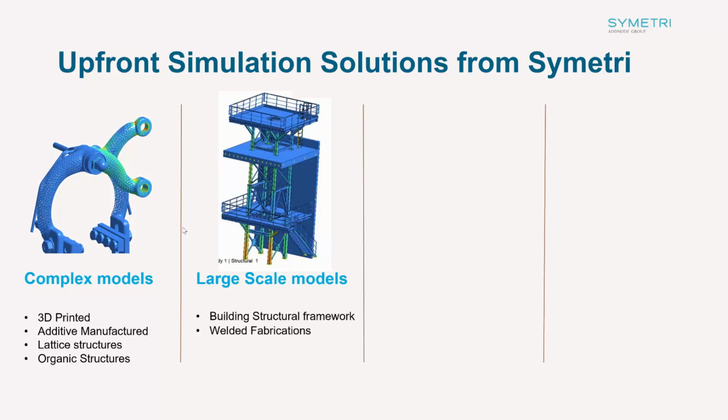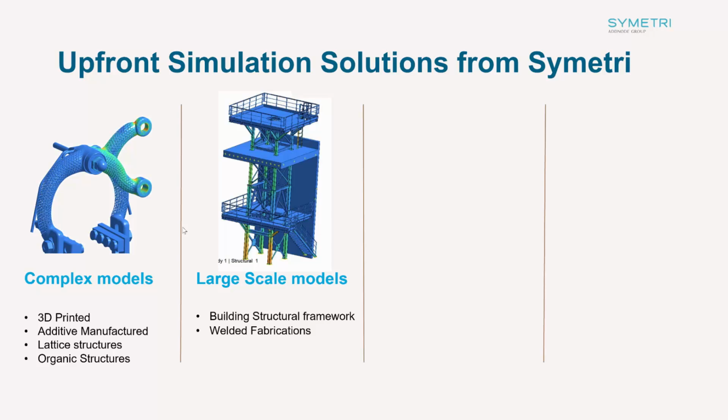The next thing is large scale models. Another gripe with traditional FEA software is it can't really handle your large models. As you can see up there, we've got a little structure. In traditional FEA software, this sort of assembly would be an absolute nightmare for any engineer to bring in.